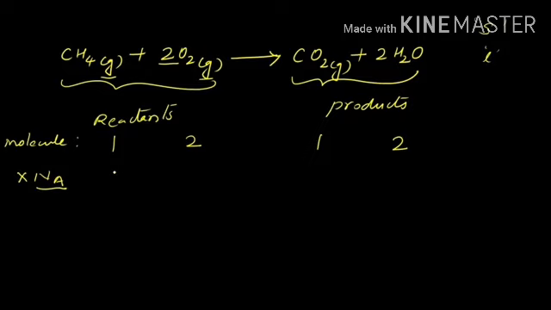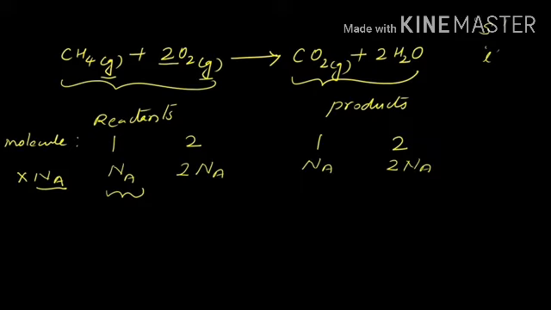The first one, the number of molecules is 1, so we write the number of moles as 1 Na. The other one is 2 Na. Then carbon dioxide, only one molecule is present, so simply Na. Then 2H2O is present, so I write it as 2Na.